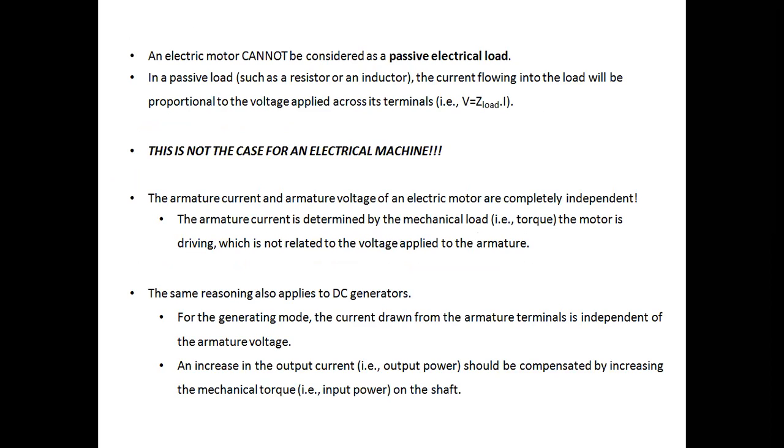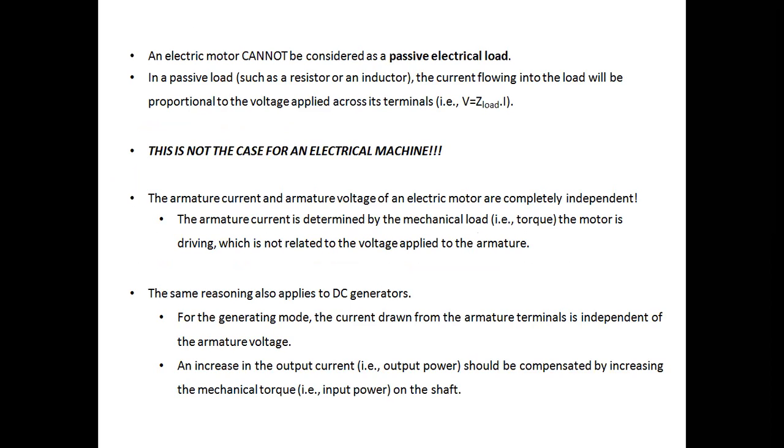So we can say an electrical motor cannot be considered a passive electrical load, because in a passive electrical load we can use only passive components. Passive means resistor, inductor, capacitor, which will not amplify the current. But if you see a diode or transistor, at that time this will amplify.